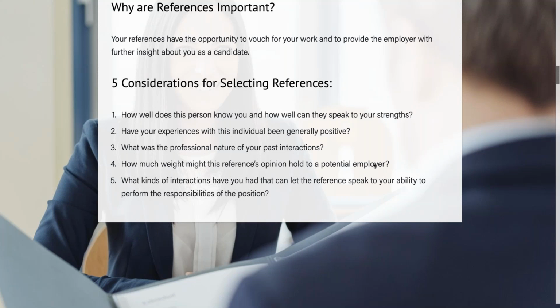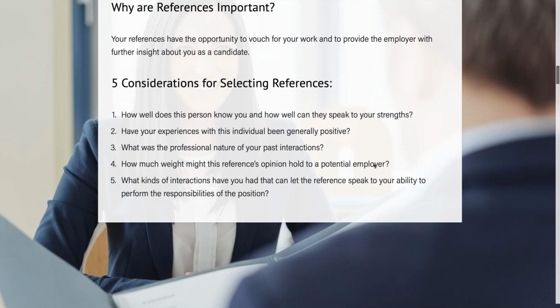So thinking about the interactions that you have had with this potential reference, are they going to speak positively about the information that you've referenced in your application materials? What was the nature of the past interactions that you've had with this potential reference?